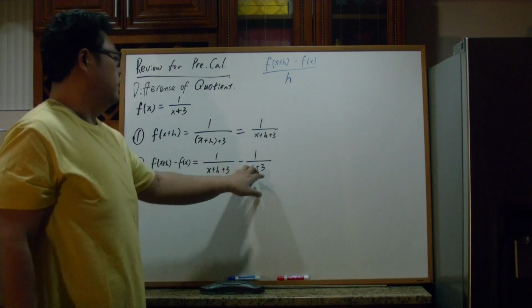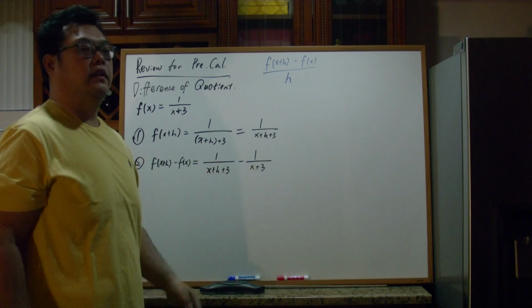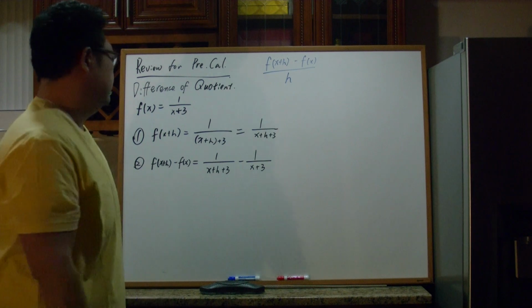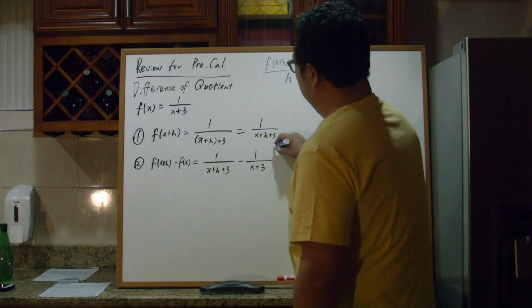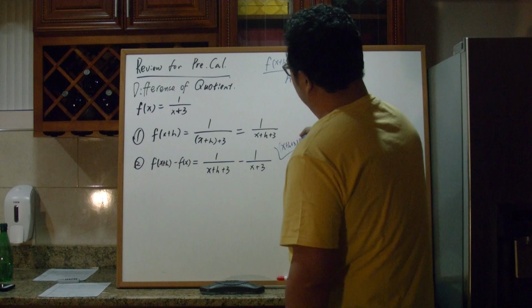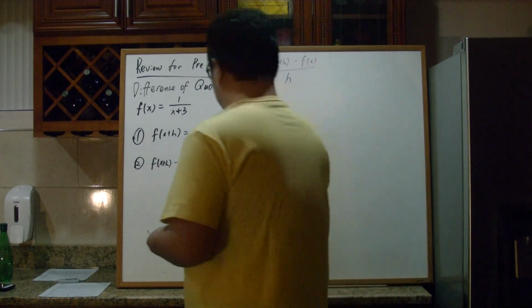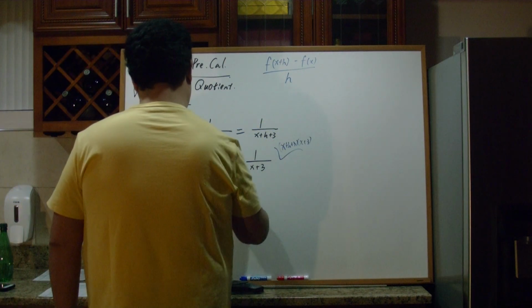And here there are two different denominators, even though they look similar, so the least common multiple will be just their product. So for the entire fraction, we'll have x plus h plus 3 times x plus 3 as the common denominator.